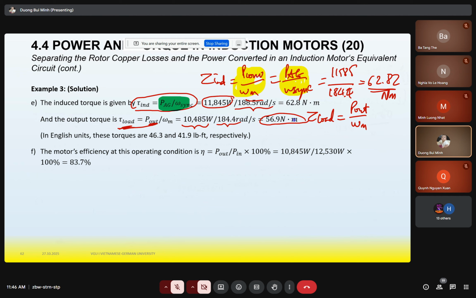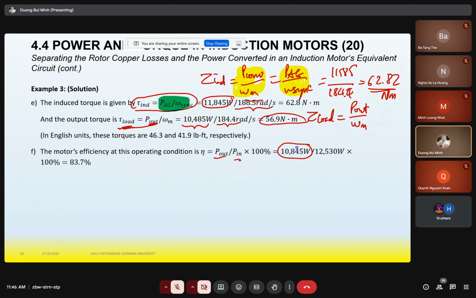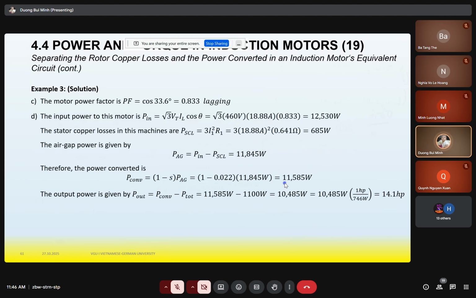Okay. So we know P out and we know P in. P out is 10,485, sorry, 10,485. Over P in, how many?